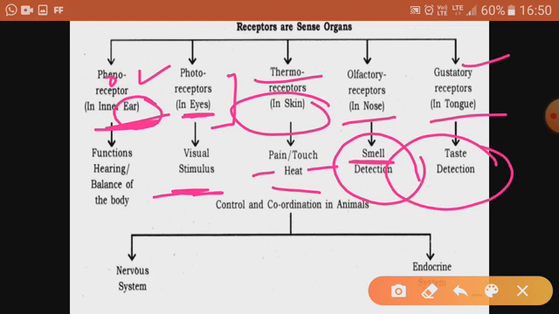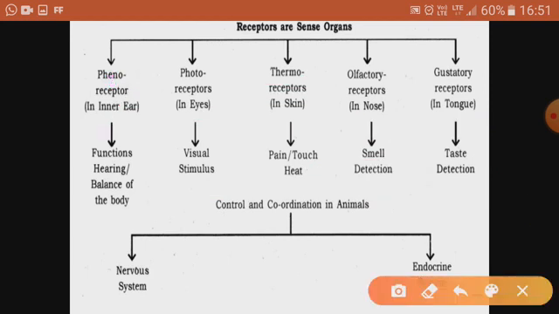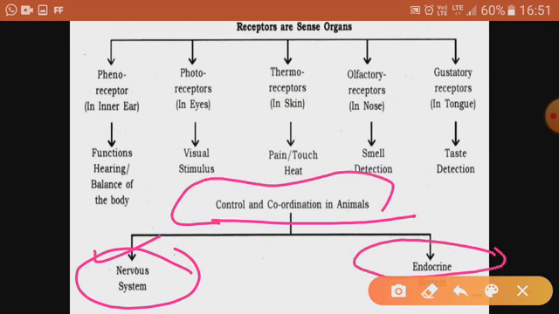Now in the human body, because we have to study control and coordination in animals plus control and coordination in plants both, we can see that control and coordination in animals is a little complicated, because we have the nervous system for control and coordination, and not only the nervous system, we have another system, that is the endocrine system.